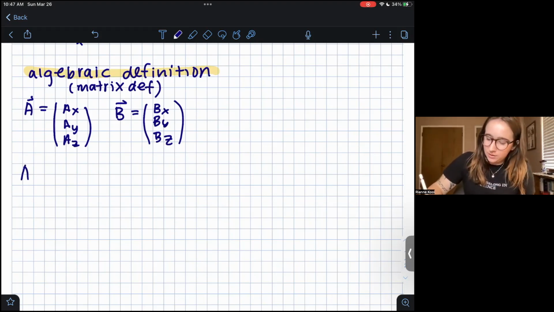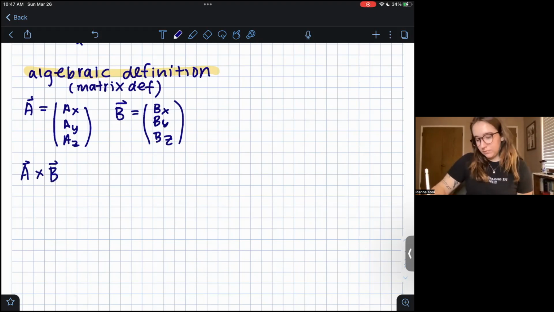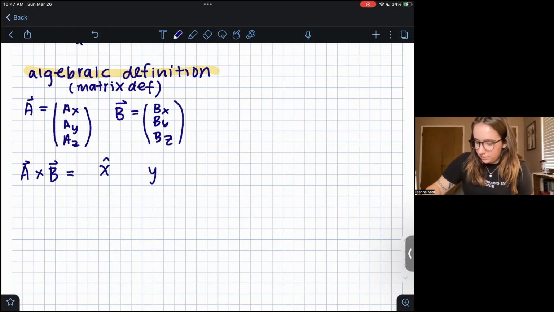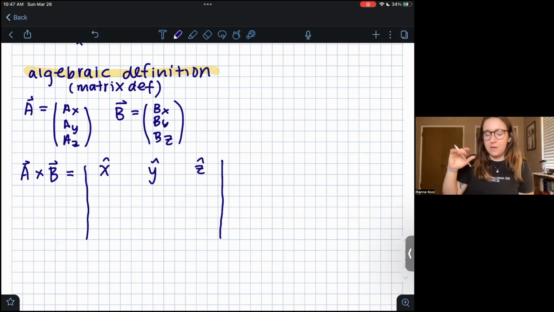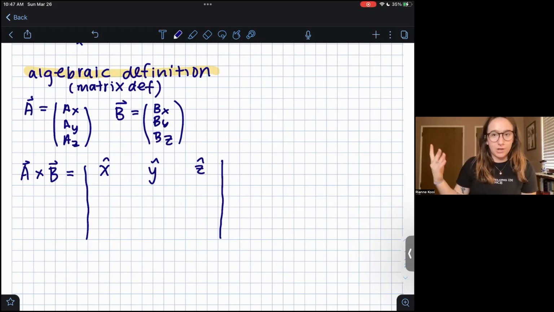Let's say you want to find the cross product between these two vectors. So what you're going to do is make 3 columns. One has the X direction, the Y direction, and the Z direction. And you're going to input your values for what each direction is.